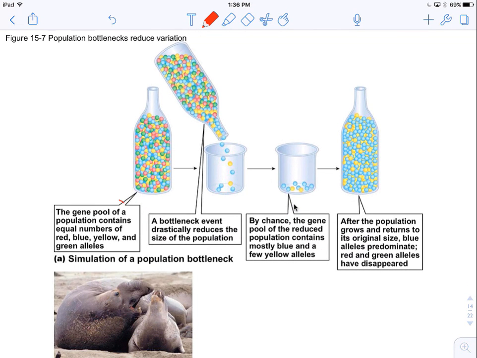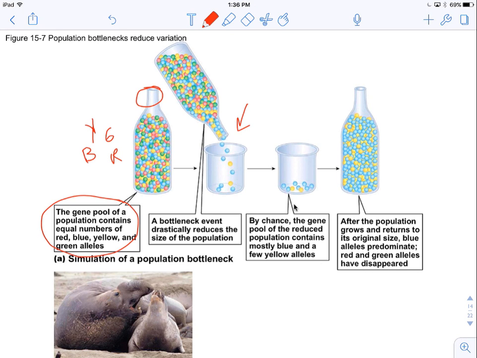So here, we're going to use our bottle to show how this works and why it's called a bottleneck. You have an original gene pool that has, let's see how many alleles. There's yellow, there's blue, there's green, and there's red. So there's 4 alleles. Let's say we randomly turn the bottle upside down and shake out 20 beads.